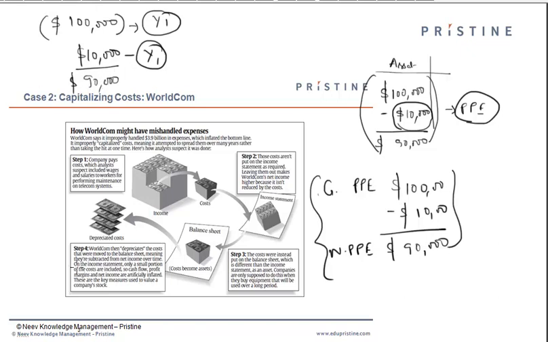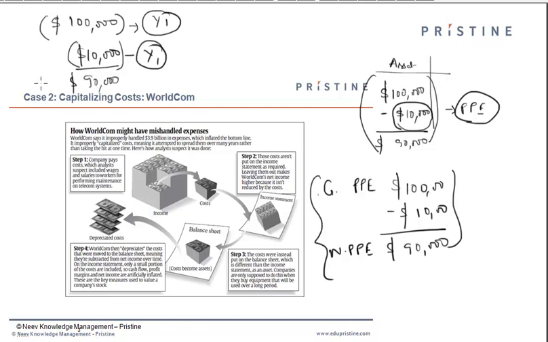Now, WorldCom didn't expense the costs that were moved to the balance sheet immediately, meaning that they were subtracted from the net income over time. So obviously, instead of expensing this $100,000, what WorldCom did was expense $10,000 per year.